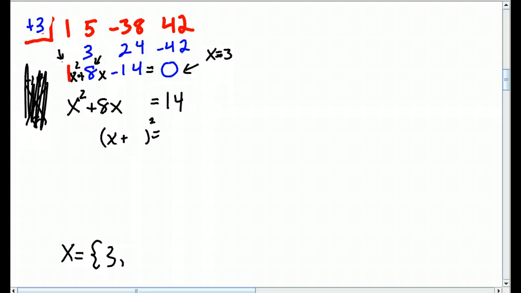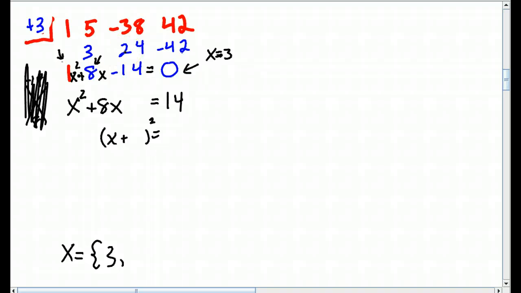A lot of the skill here and how well you do on the test and quiz is going to be your decision-making process. Not how well you do this, but do you know to do completing the square here and why? Do you know that factoring doesn't work? Or are you going to just try to do quadratic formula on everything and have it take forever? So that's going to be the main skill that you're going to need to develop over the next few days, knowing when to use which method, not only for the rational roots, but also for the stuff we did before with quadratics.